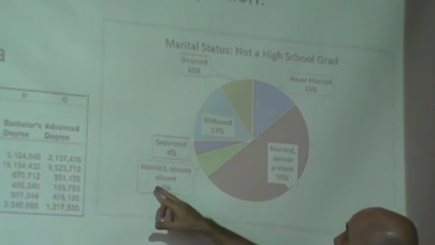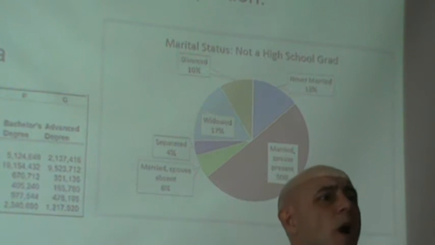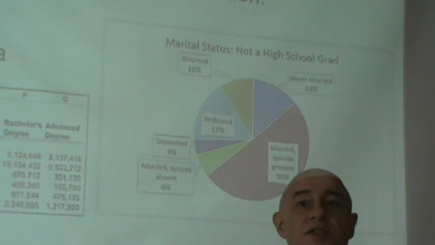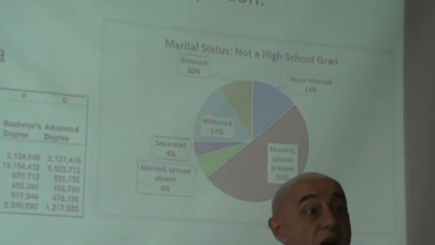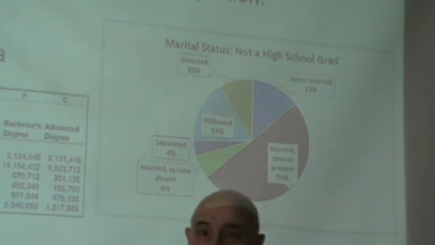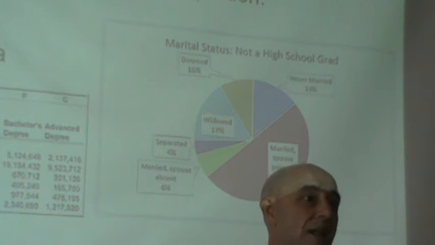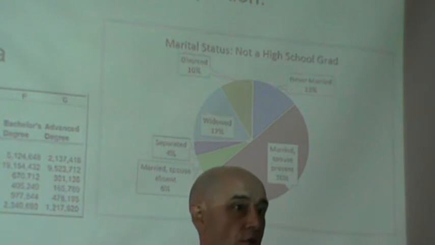And then married, but the spouse is absent. That's common in countries like the Philippines. Husband and wife are married, and the Filipino husband goes to work in Germany to make a bigger salary and sends money home.